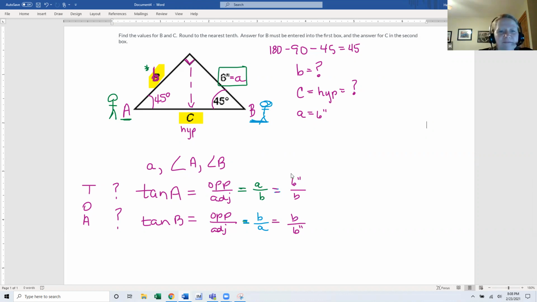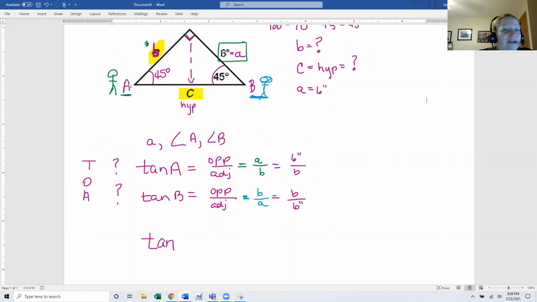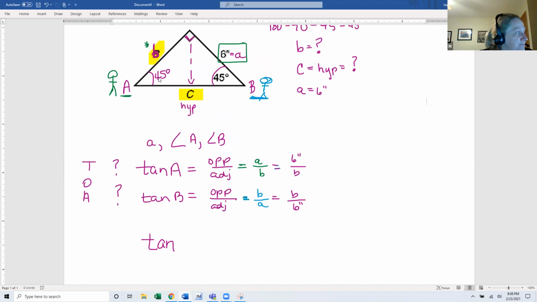So now we do the one last thing that I wanted to make sure we did tonight: we need to plug in an angle. Well, tangent A and B, right? Either angle is 45 degrees. Because this is a very special triangle. All right, so that means that I have tangent 45 degrees.